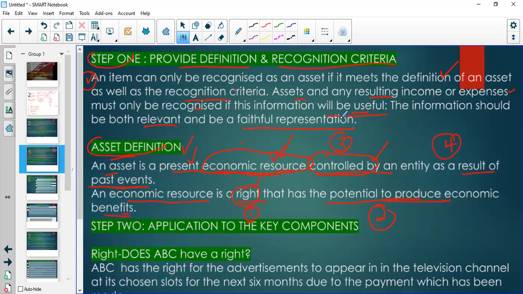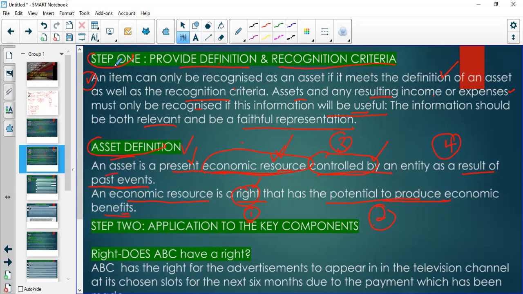So we first of all go through the definition, and when something meets the definition criteria, then we go to the recognition criteria as well. Then we can say yes, it's going to be recognized as an asset because it meets the definition and it meets the recognition criteria. So that's how you approach such a question.